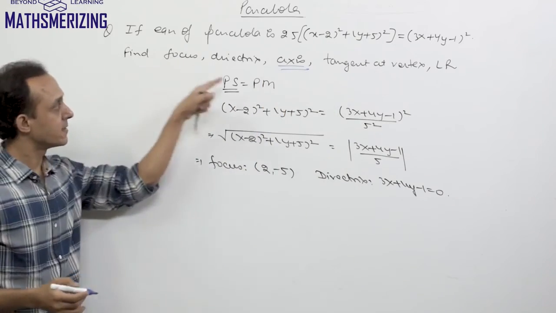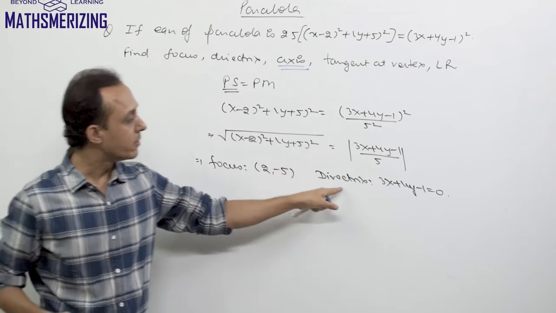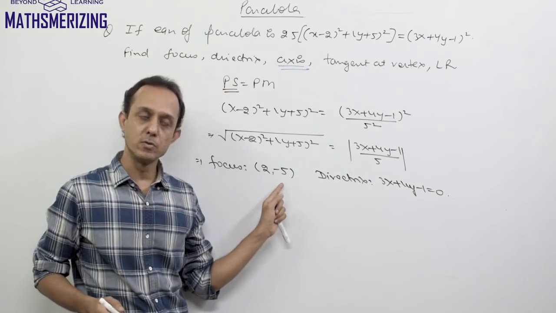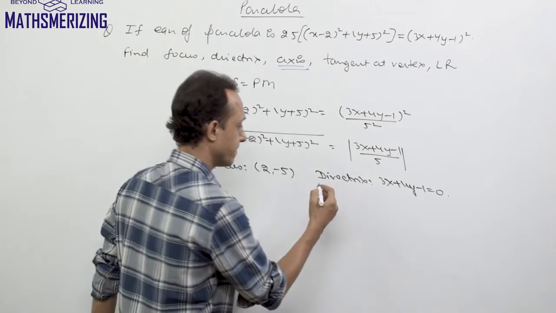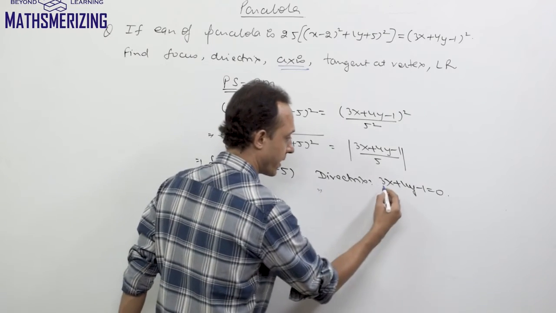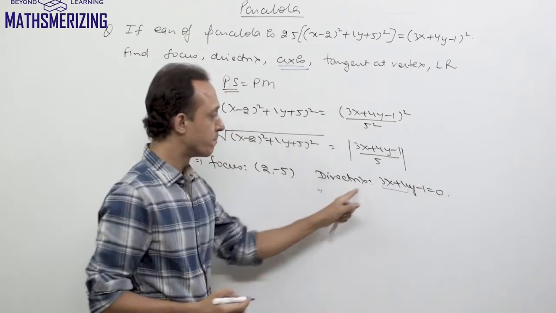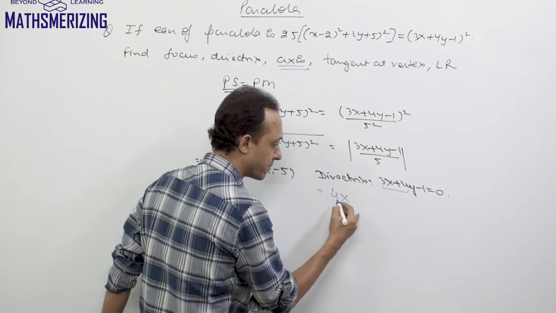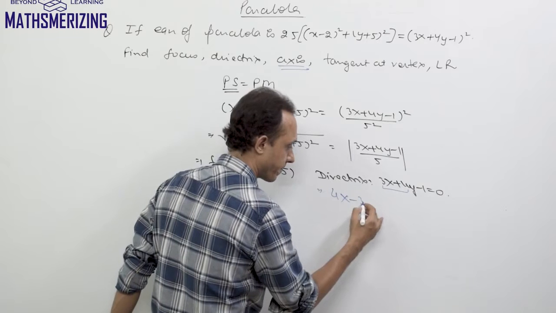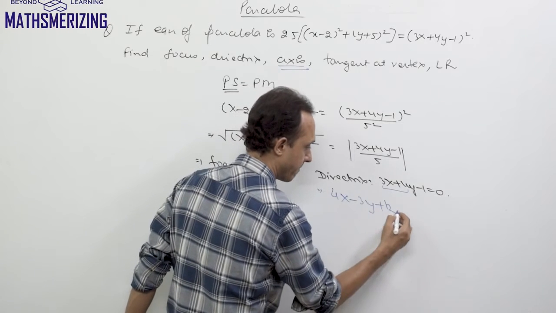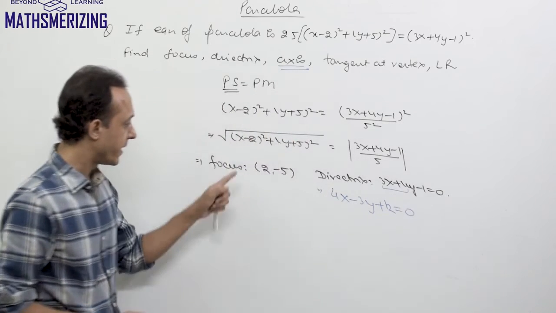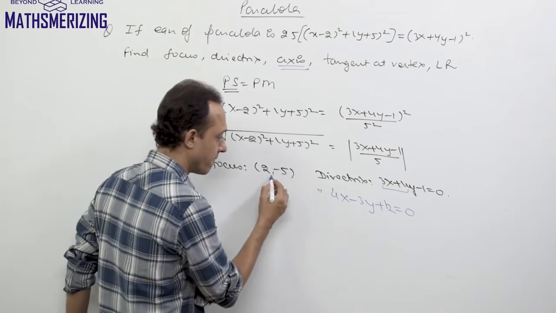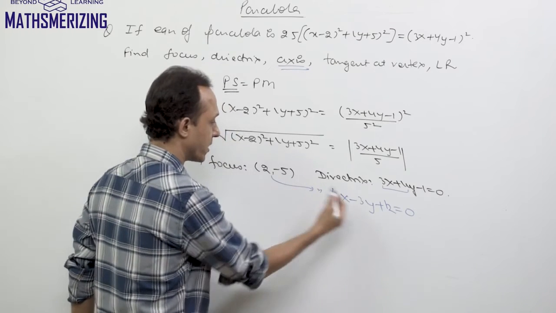Now we know that the axis is a line which is perpendicular to the directrix and which passes through the focus. So for the axis, it will be a line which is perpendicular to the directrix. Any line which is perpendicular to a given line, we can express as 4x minus 3y plus k equals 0, and this axis should pass through the focus of this parabola. So I'll put the value of x and y.